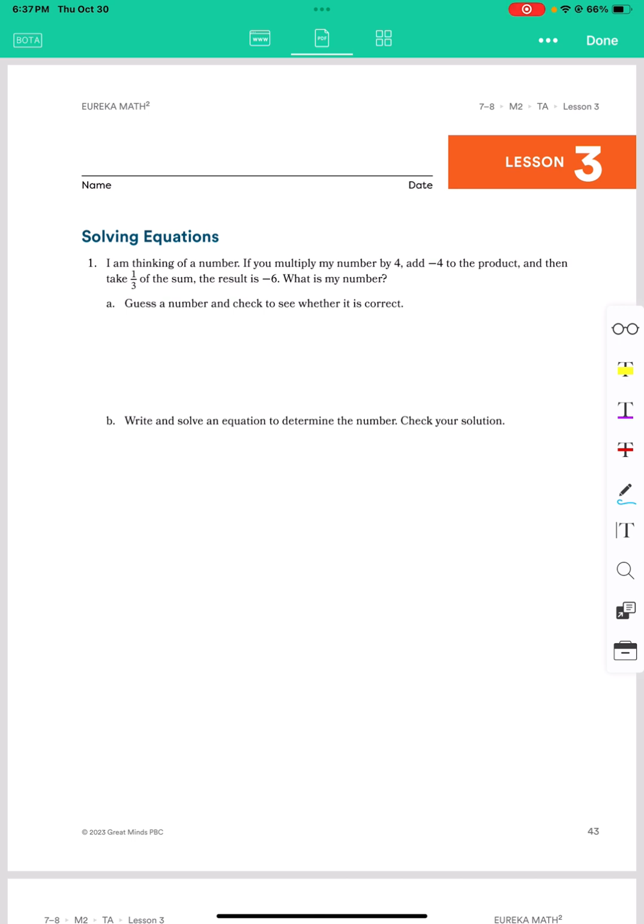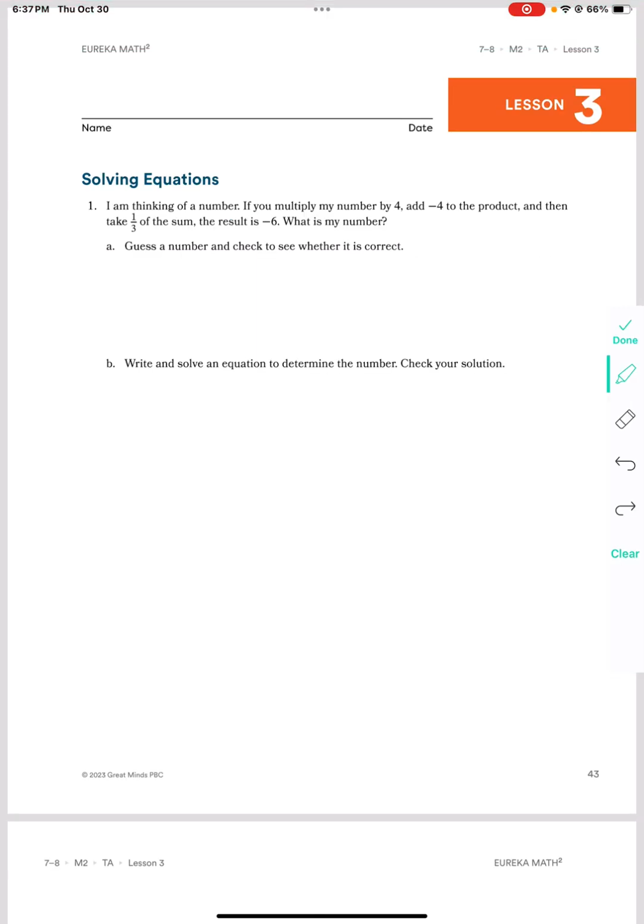All right. So now we're trying to use word problems to create an equation that we're going to solve. And then once we solve it, we're going to check it to make sure that our equation is true. With word problems, it can be a little sticky how you do things, but I'm going to try my best to guide you through the problem.